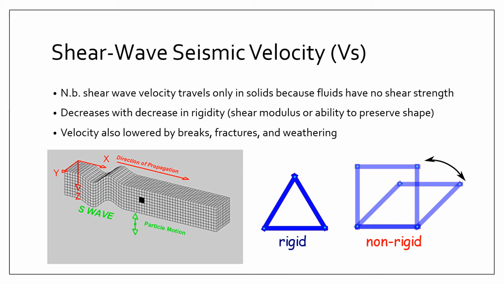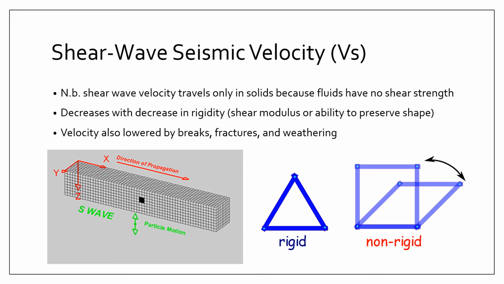Fluids have no response to shear stresses. I mean, you can slice air, you can slice water, but they don't propagate the disturbance that you introduce to them if you introduce a shear disturbance.